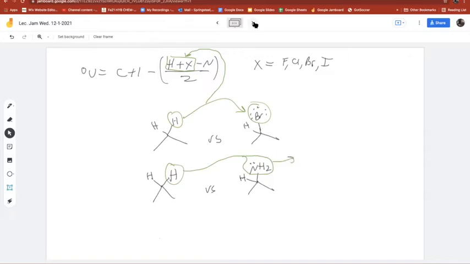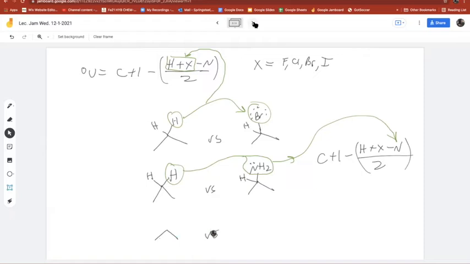So my formula has to lose a hydrogen, has to lose a 1 for the nitrogen, right? Kind of nice, right?